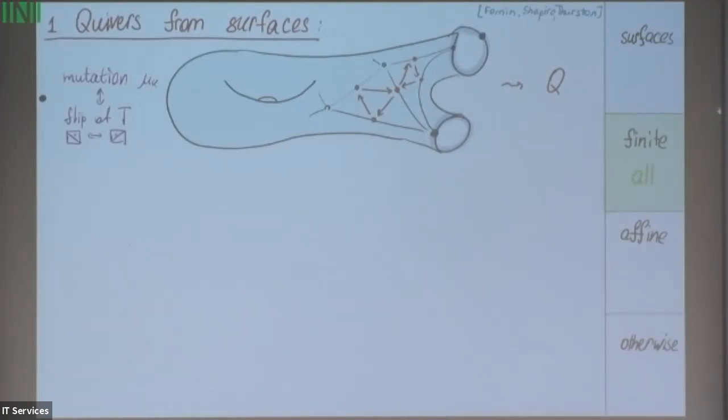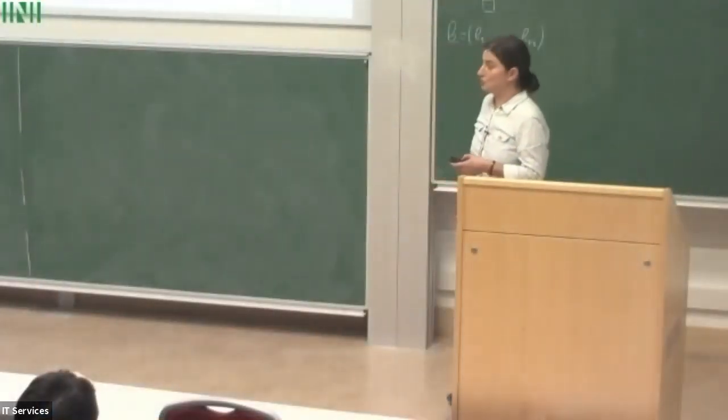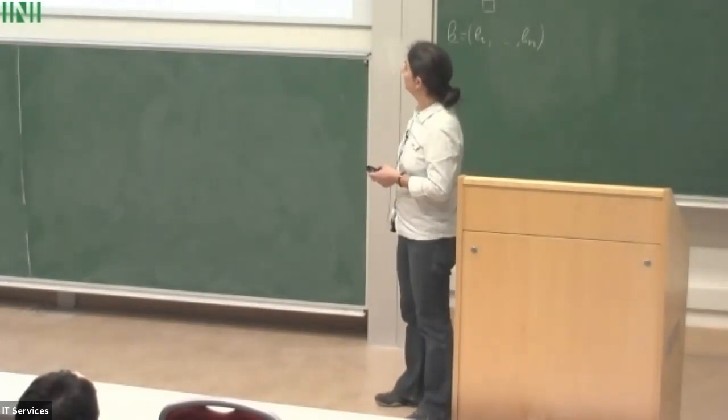Now, we are interested in coefficients. So what are the coefficients in this setting? The coefficients, as we know from Fomin-Thurston, correspond to laminations on the same surface as the triangulation.